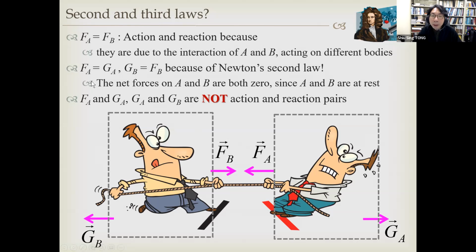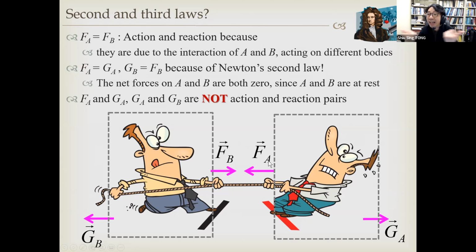Now, if we isolate person A or person B from the rest of the world, we will know that FA is equal to GA and FB is equal to GB. These two pairs of forces are equal, not because of Newton's third law. They are equal because of Newton's second law. If you consider body A, for example, the net force acting on him is GA plus FA.